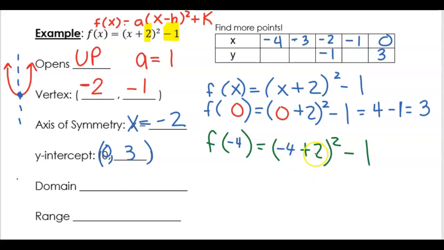What is -4 plus 2? Well, actually -2, and -2 squared is going to be -2 times -2 is going to make the 4 minus 1. This is also going to be equal to 3.